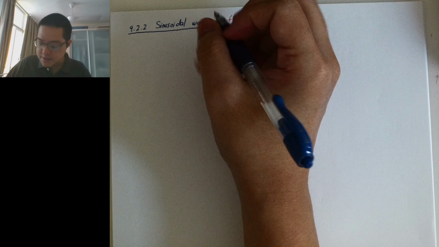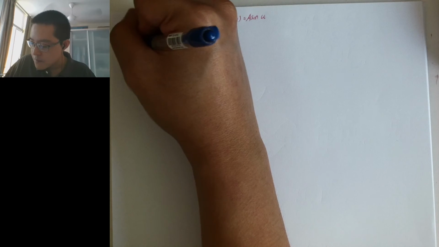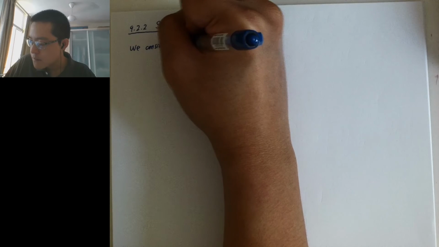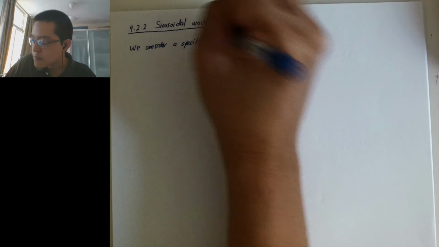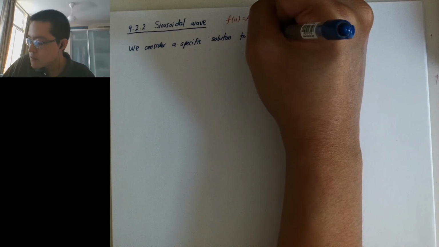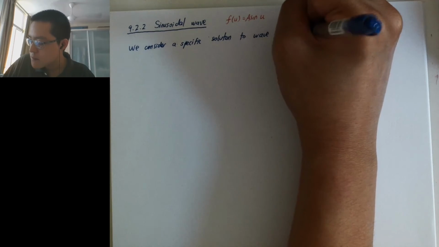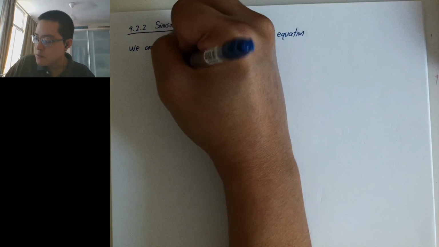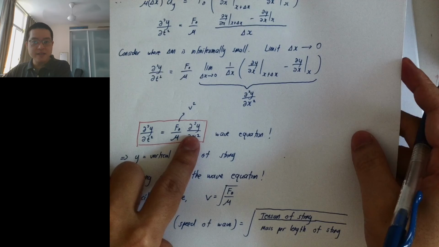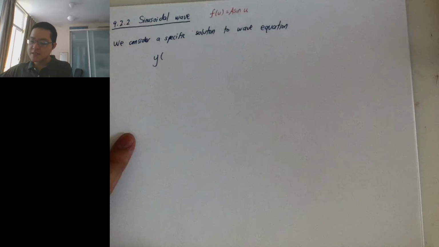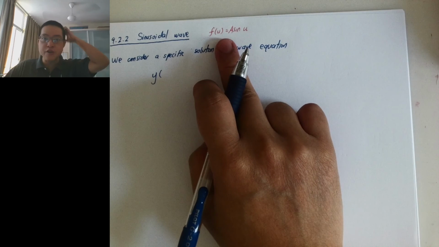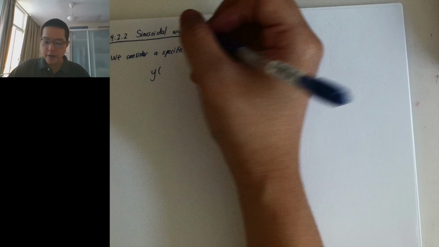Here we consider a solution to the wave equation. My wave equation is satisfying this, and I have shown you at the beginning of today that any function of u is a solution to the wave equation.